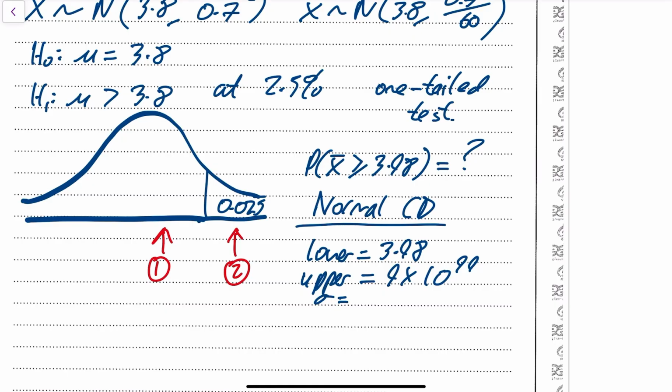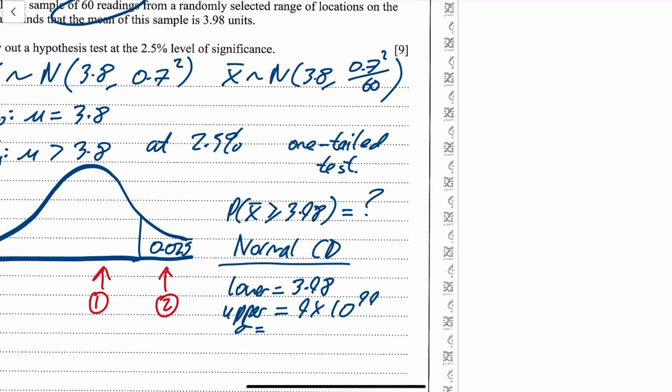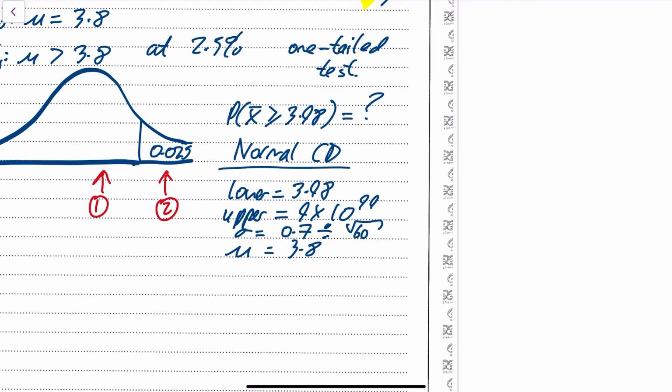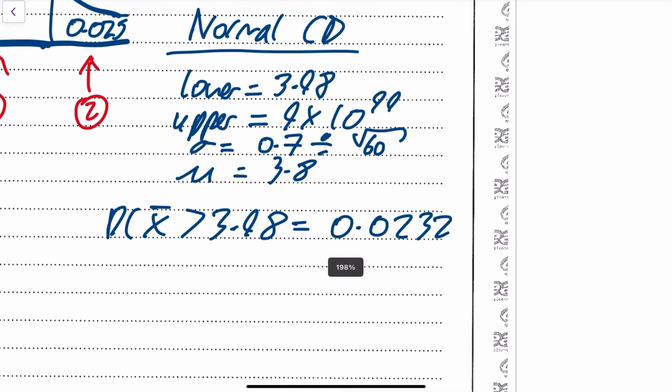My sigma you get by square rooting this, so it's 0.7 divided by root 60, and your mu is still 3.8. When I worked that out, I got the probability that x bar is greater than 3.98 was only equal to 0.0232. Hopefully I've done that correctly.